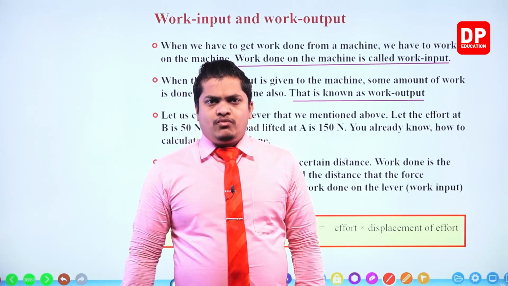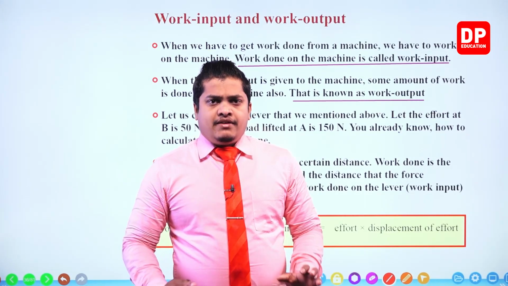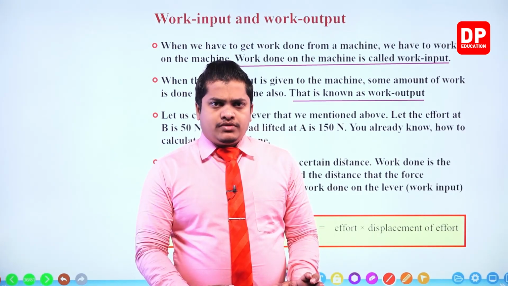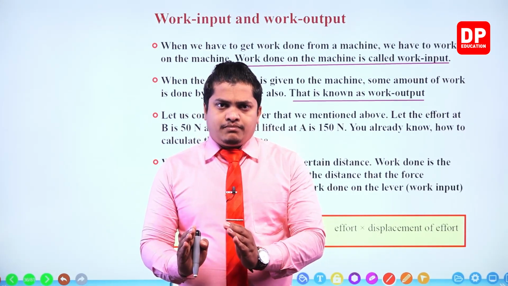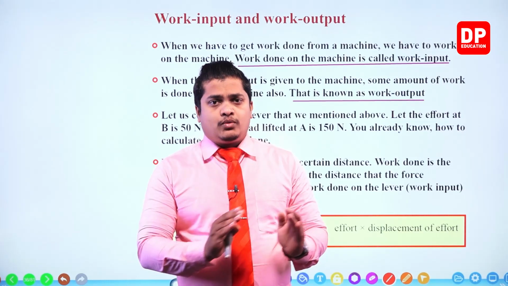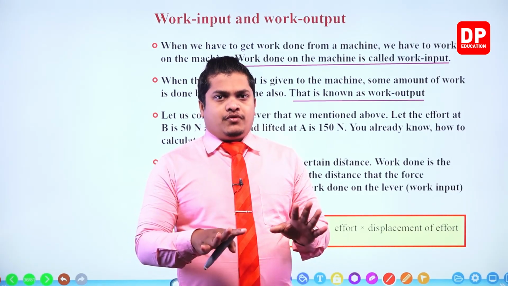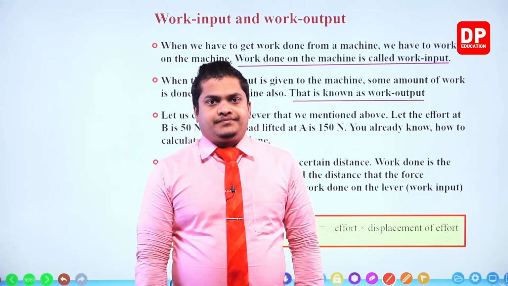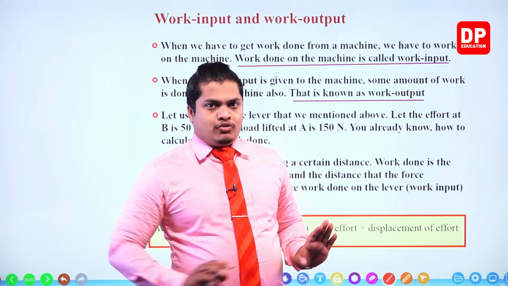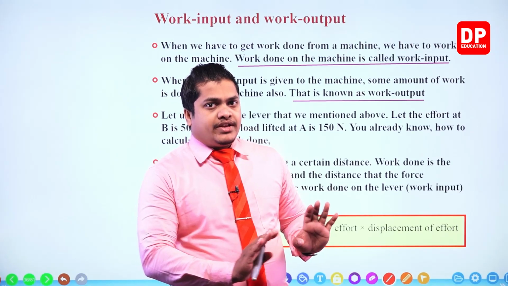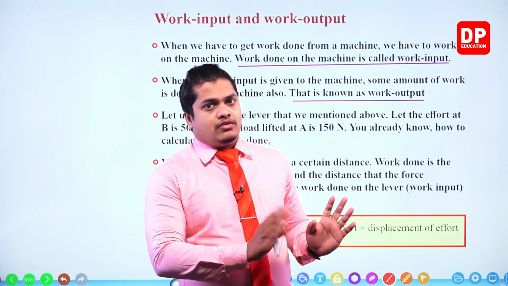So when we are doing work, usually we are applying a certain force to move an object from one location to another. The specialty here is that the object moves in the direction of the force. When I am pushing the table, the object moves in the direction of the force, not the other direction.